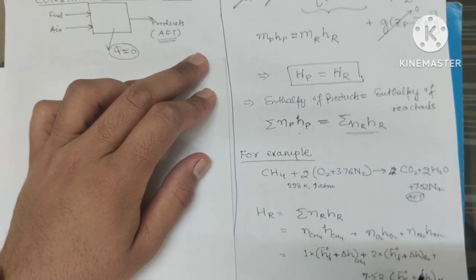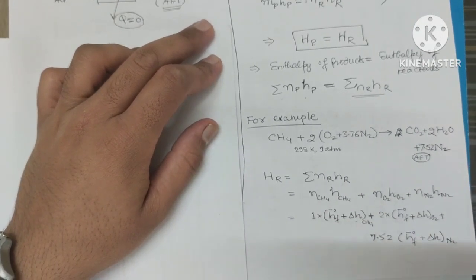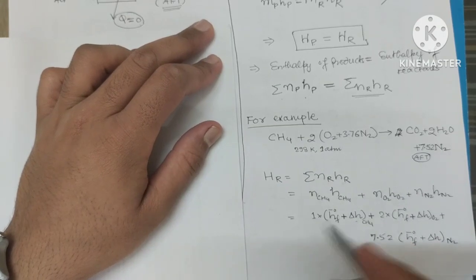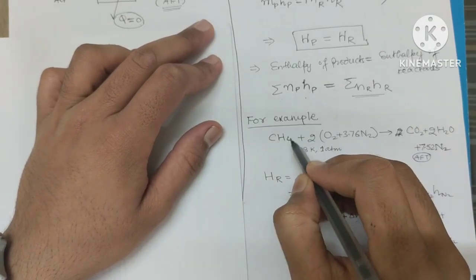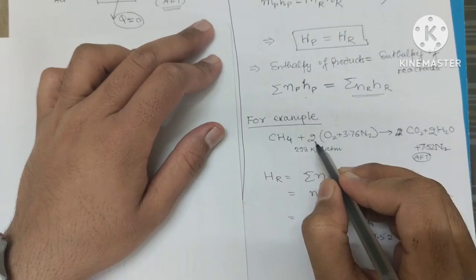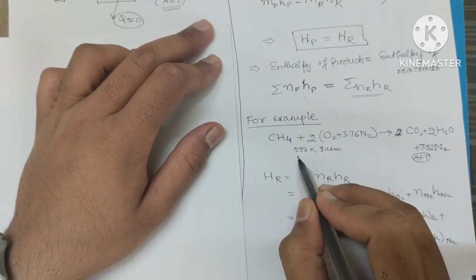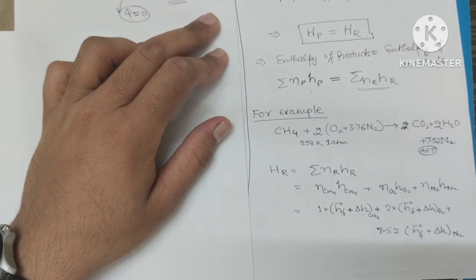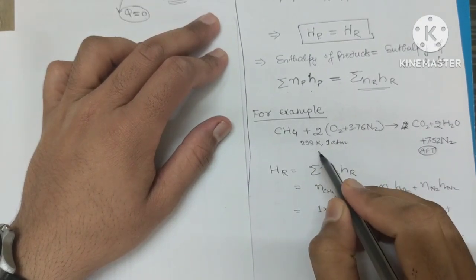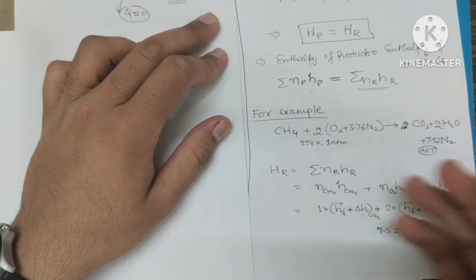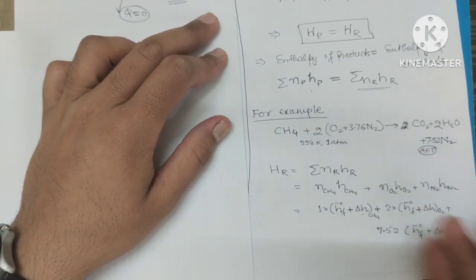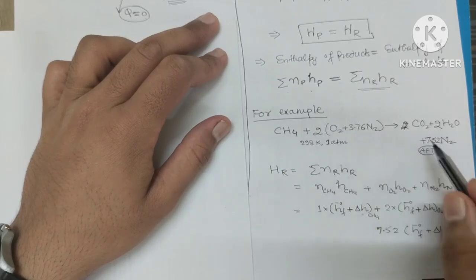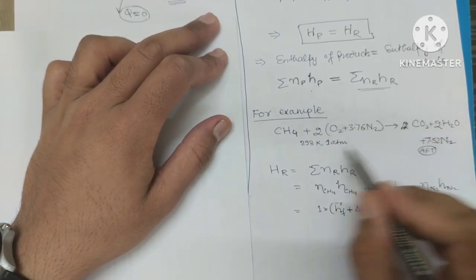Okay, so now here we will consider an example to understand how to estimate this using the first law, for methane. The initial condition of the methane is 298 Kelvin and 1 atmospheric pressure. That is ambient standard conditions, and combustion is taking place, and the products will be this.